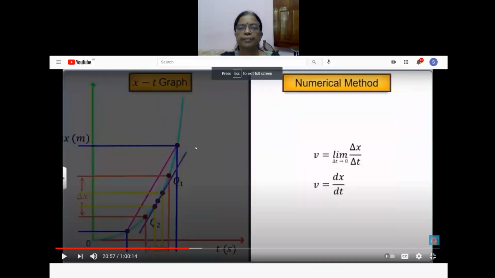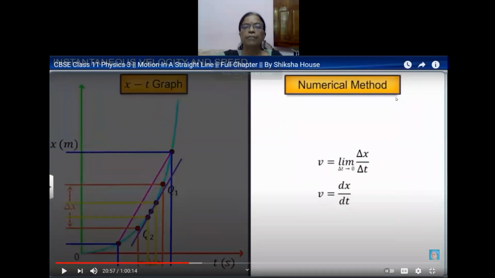See children, I will ask a question after this. First we found delta x by delta t for finding the average velocity. It is not instantaneous, it is the average velocity. Next, we reduced the time interval to 0.